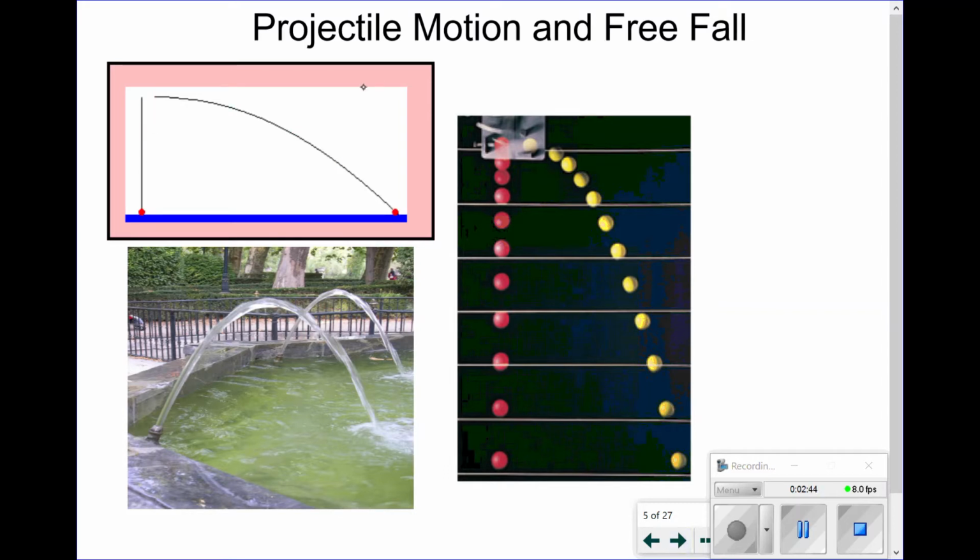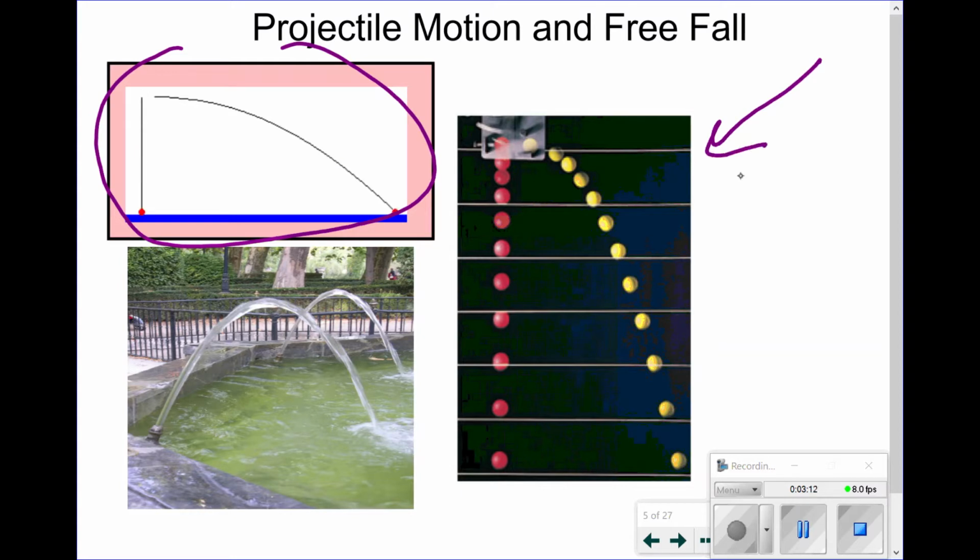Here we can see a little video of a ball that is dropped and a ball that is thrown sideways at the exact same time. At all points, the two objects have the exact same height. This is only possible if the object that's moving sideways is falling at the same rate as the object that is dropped directly.